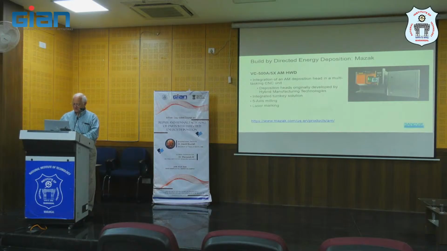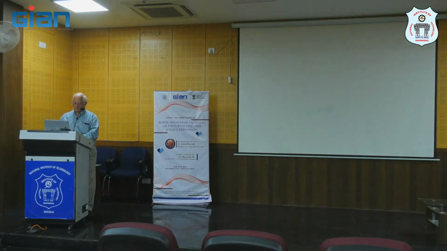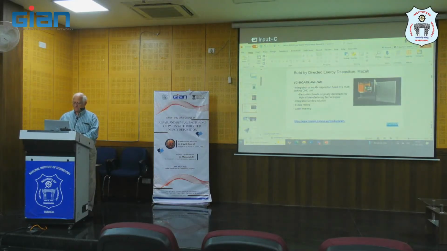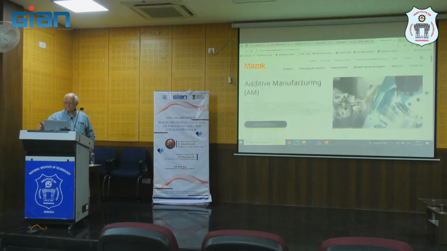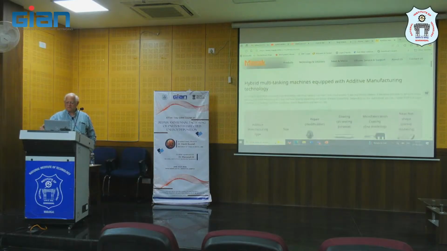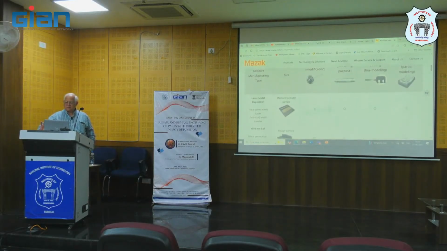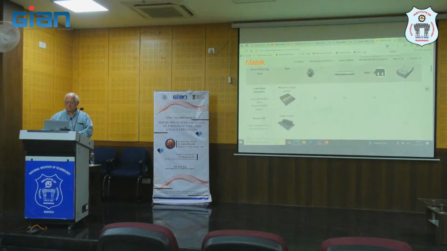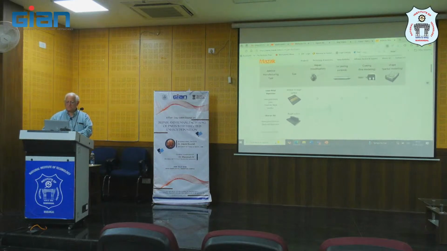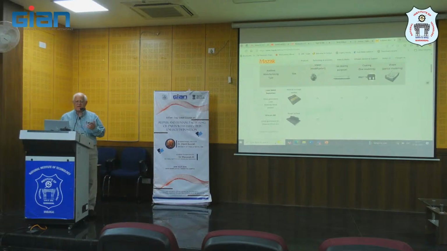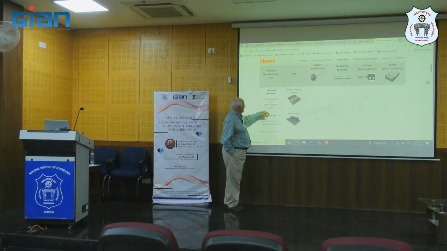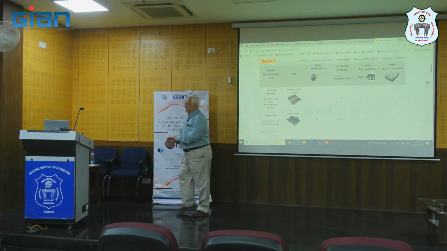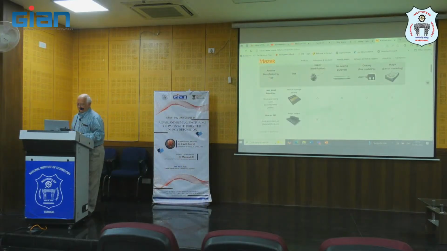So let's see what we can find here. This shows what they can do. Again, they have both a laser metal deposition machine as well as wire arc, and they're comparing basically the capabilities they have for those two.